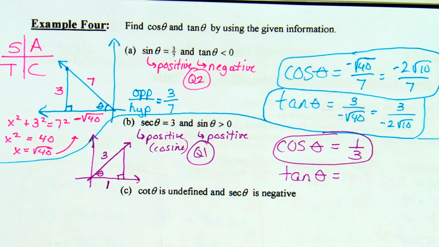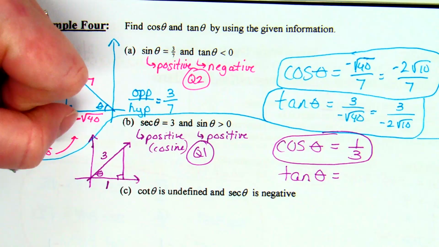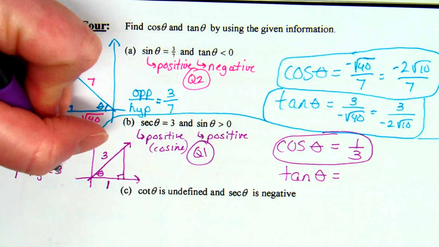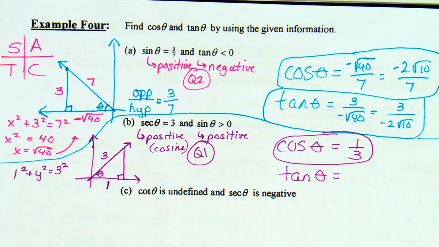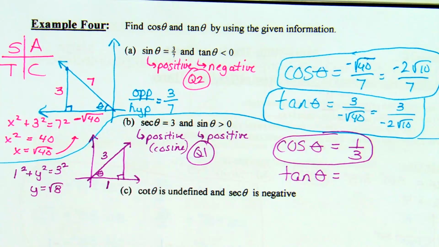Hypotenuse is 3. What is my opposite? Square root of 8. Because 1 squared plus y squared equals 3 squared. So 9 minus 1 is 8, square root of 8.